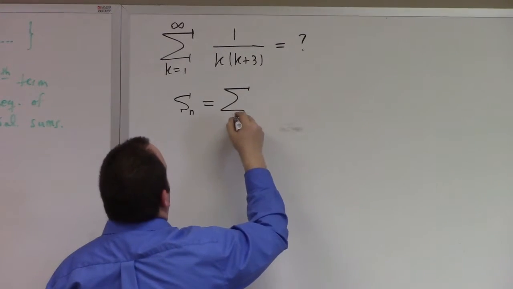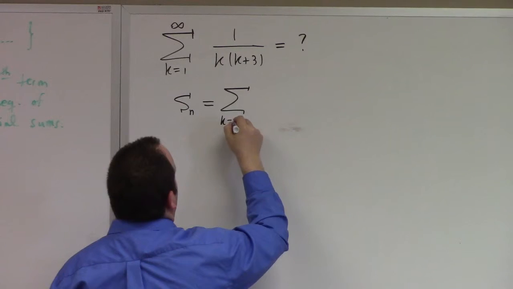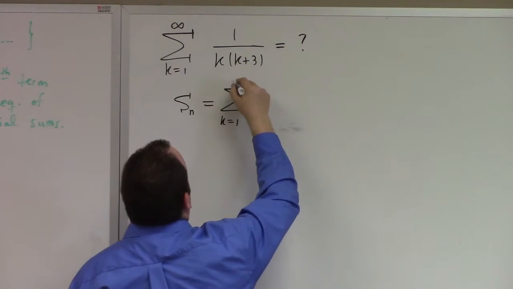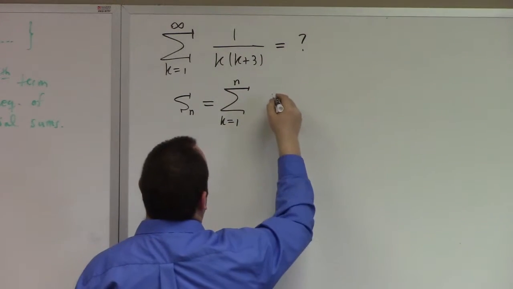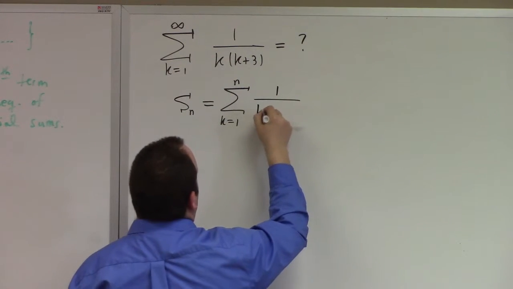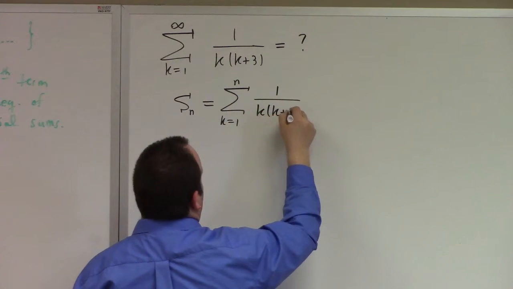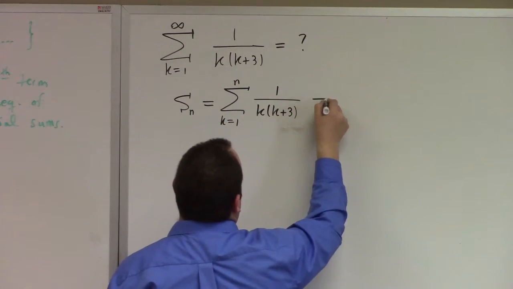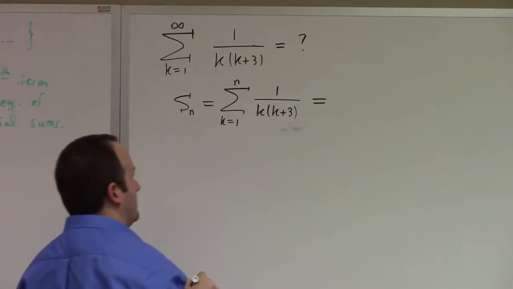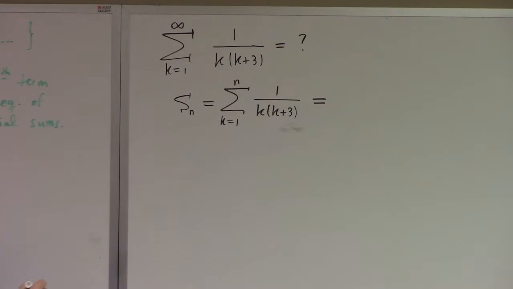So the sum, k equals 1 to n, of 1 over k times k plus 3. All right, so what does this look like?